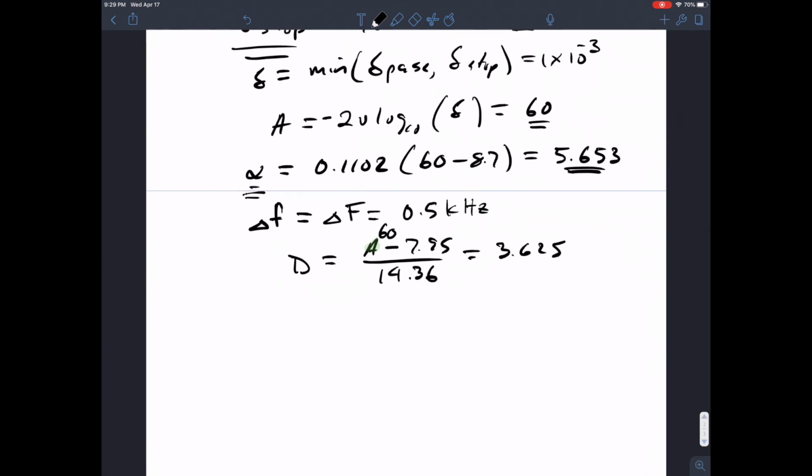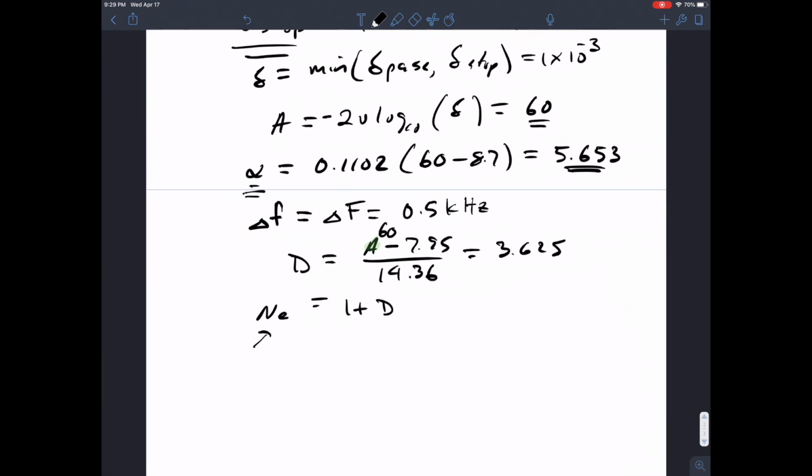Okay? From there, you get an exact number for the order, and we know this really should be an integer, so this is N sub E for exact. That would be 1 plus D times Fs over delta F. Okay? So you plug that in, 1 plus 3.625 times 40K over 0.5K.